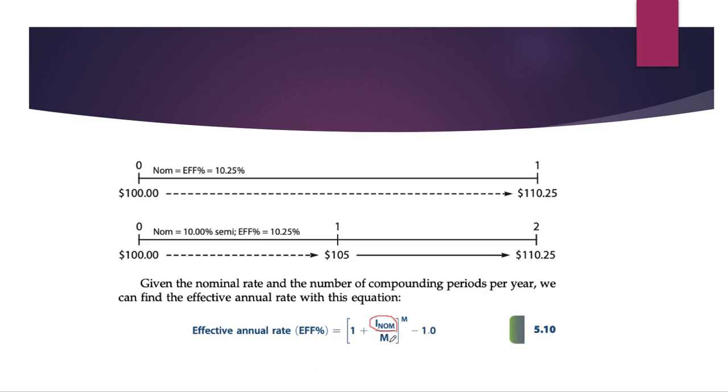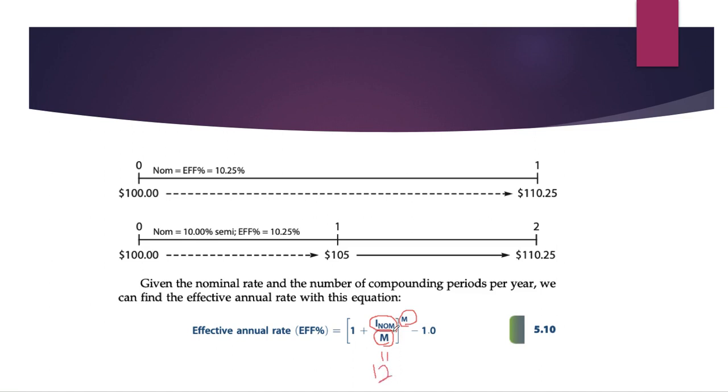This compounding frequency m is used to divide the nominal rate by m, and then we need to compound it m number of times. For example, if we have the monthly interest rate, then our m will be 12.